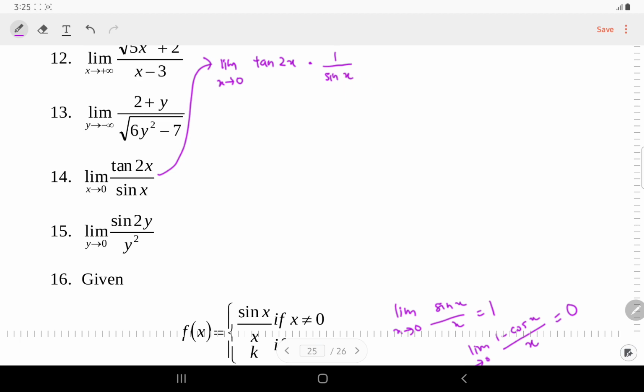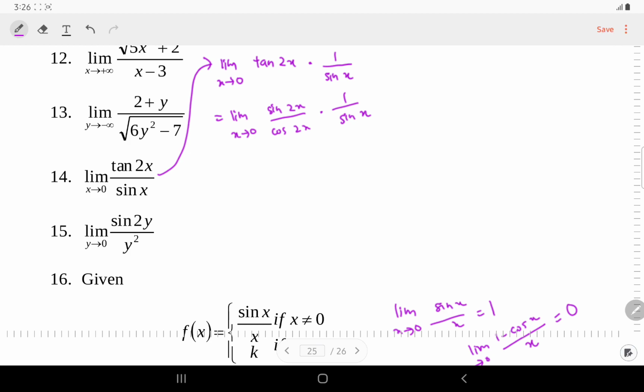Because sin x is the denominator, so it must be in the lower fraction, at the bottom part. So it must be 1 over sin x. And then tangent 2x can become sin 2x divided by cos 2x.